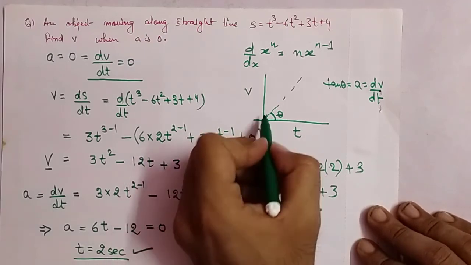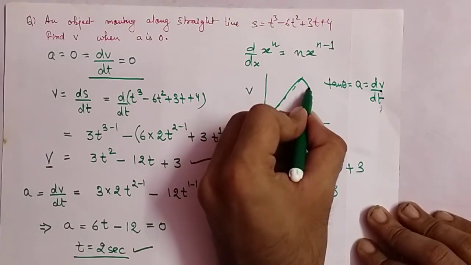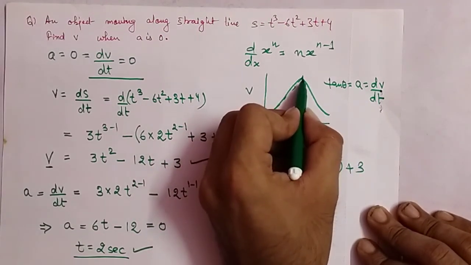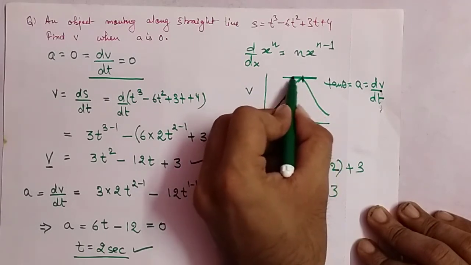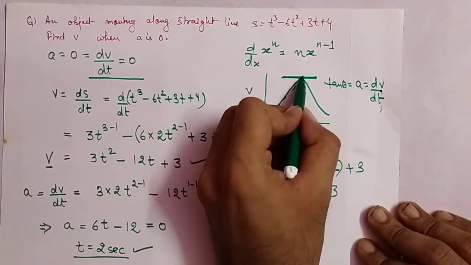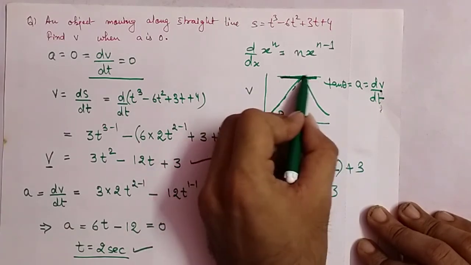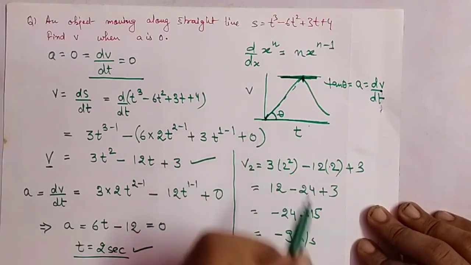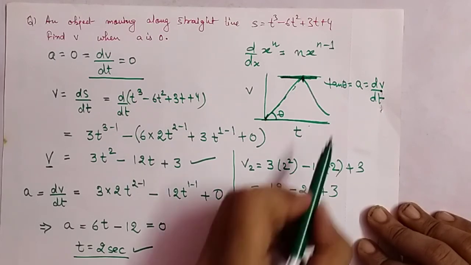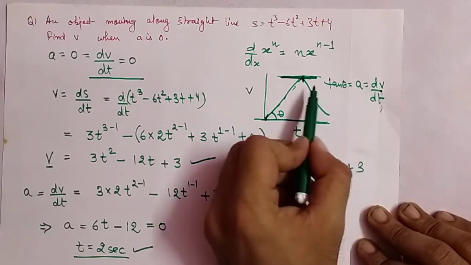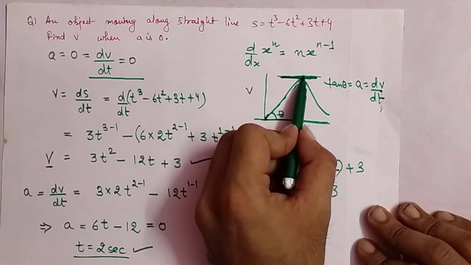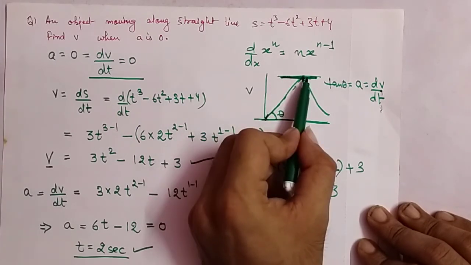So if this is a curve of your velocity, and I draw a point at this location, you can see that here also we get theta equal to 0, because this slope line is parallel to our time axis. So that means when your acceleration becomes 0, that is the maximum limit of your velocity, that is the maximum velocity your body has achieved.